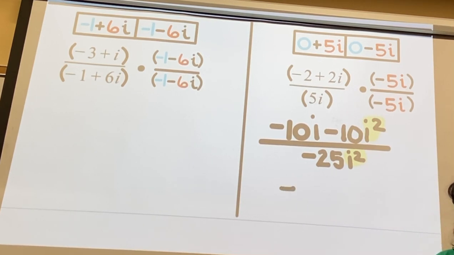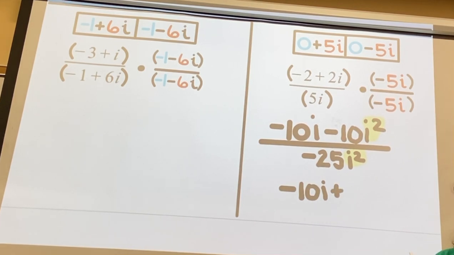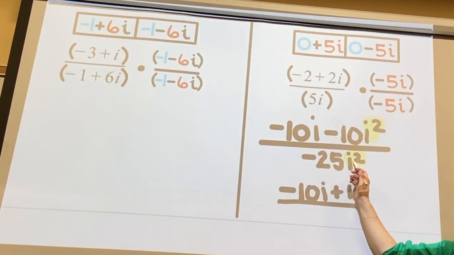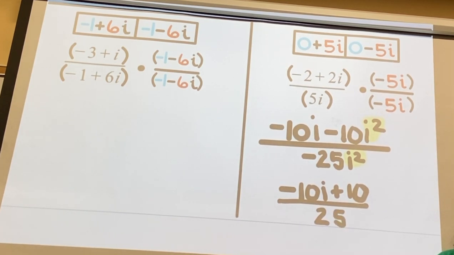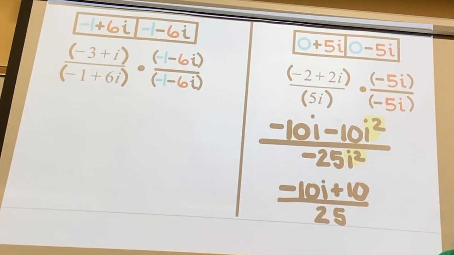So I'm going to have negative 10i still. But negative 1 times negative 10 is plus 10. In the denominator, negative 25 times negative 1 is 25. Then the 25 belongs to both.